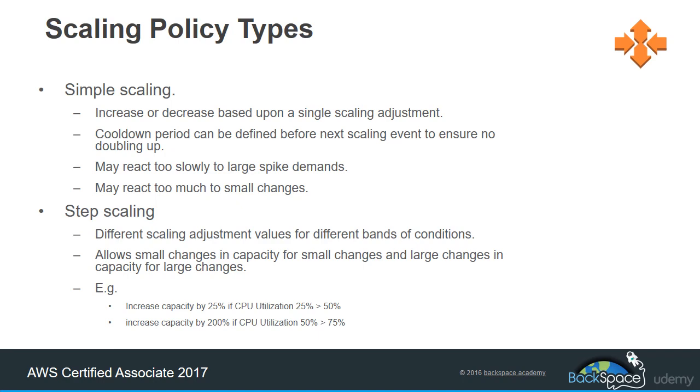For example, we might want to increase our capacity by 25% if our CPU utilization falls between 25 and 50%. We might want to increase our capacity by 200% if our CPU utilization falls between 50 and 75%. So that gives us a lot more granularity around what we can do with our scaling in response to the different stages of those conditions.